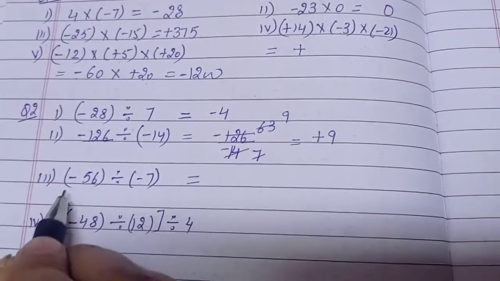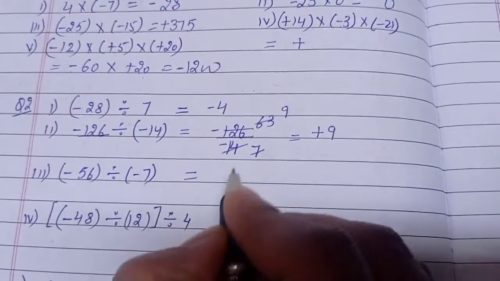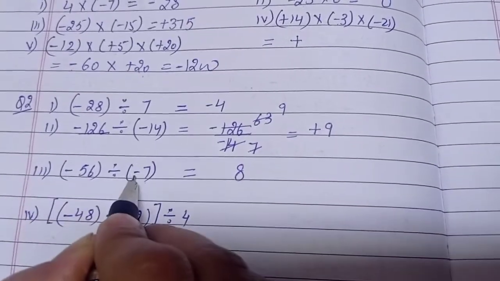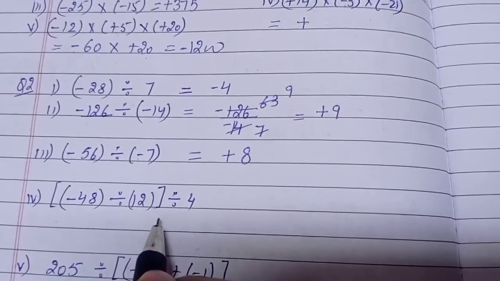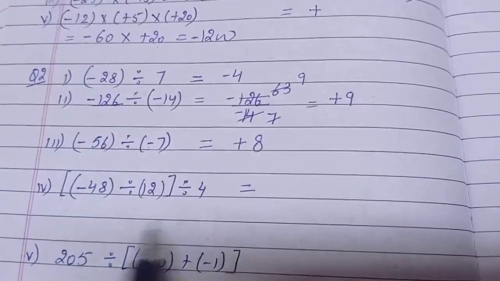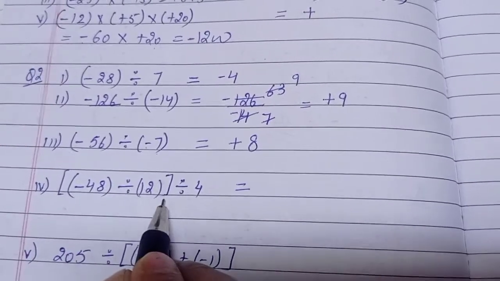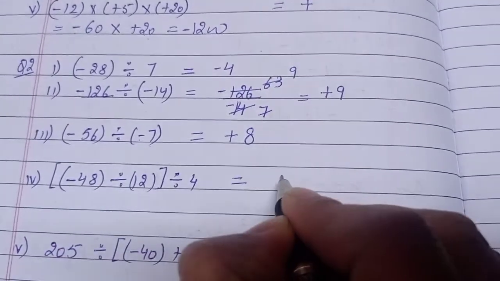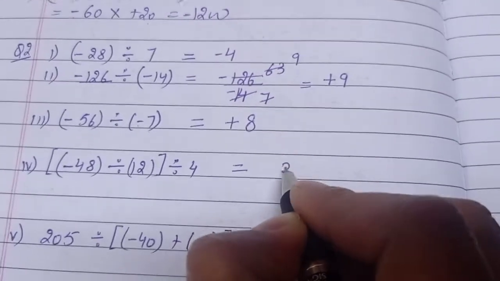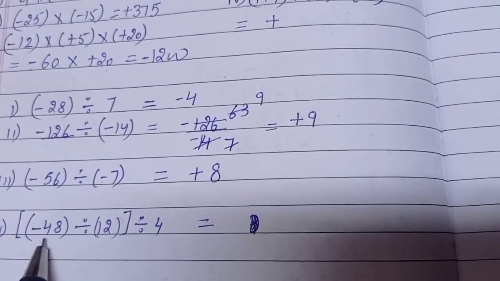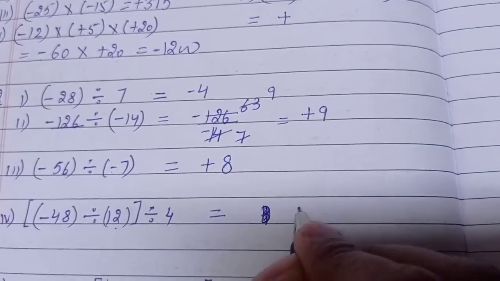Same way, directly we'll do this question. 56 divided by 7 is 8. Minus divided by minus, answer is positive. Now in this case children, we have to follow BODMAS. So according to BODMAS, first we have to open the bracket. So 48 divided by 12, 4s are, sorry. Okay children, 48 divided by 12 is what? 4.